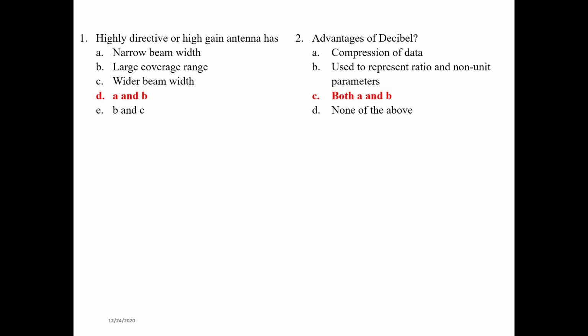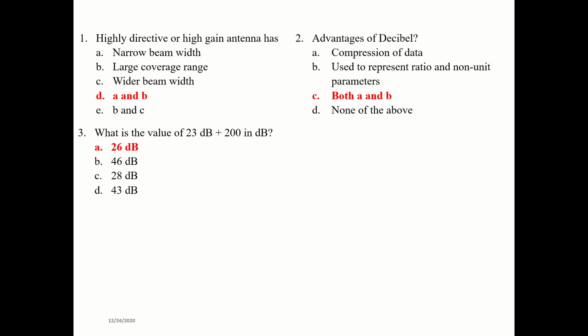It is also used to represent ratio or non-unit parameters. Wherever we find a ratio, for example gain, these are all non-unit parameters, so we can use dB. Gain can be represented as dBi, dBd, and there are many other parameters, like amplifier gain. Those parameters can be represented using decibel.